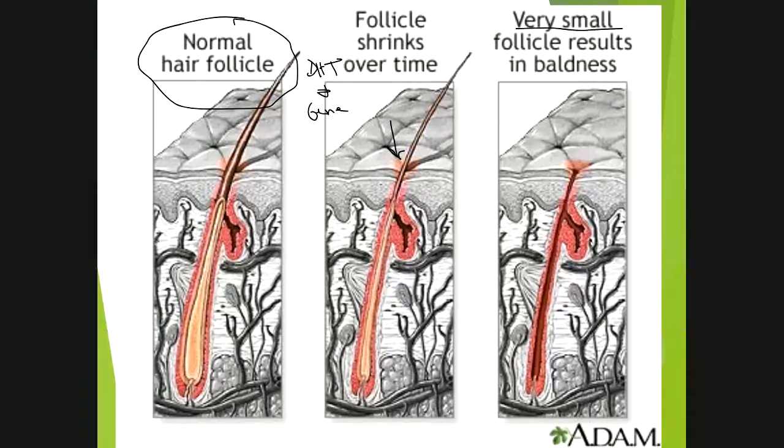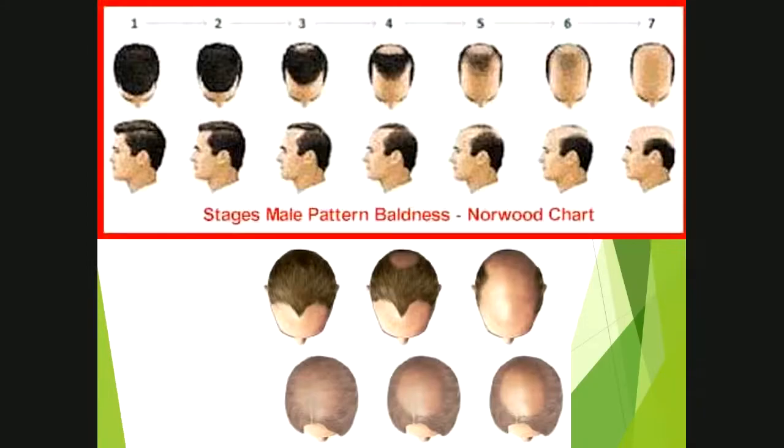And that hair, which was a terminal hair, becomes a vellus hair. So this is what it looks like. Here, terminal hair. But look right there, the hair's changing. It's becoming this vellus hair.